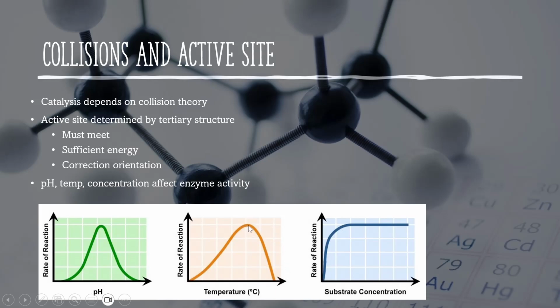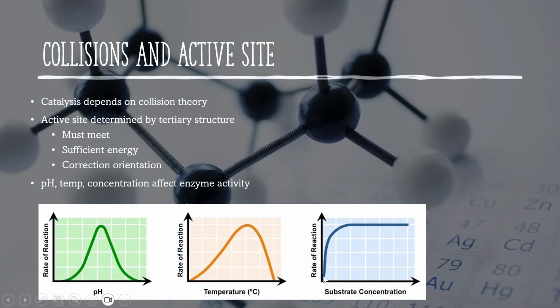Right here is where you have the optimal performance. Note that the optimal performance slightly favors warmer temperatures. This is just because if you add extra heat to the enzyme, you're going to provide it with more energy, and more collisions are likely to happen because the molecules are colliding at a faster rate.